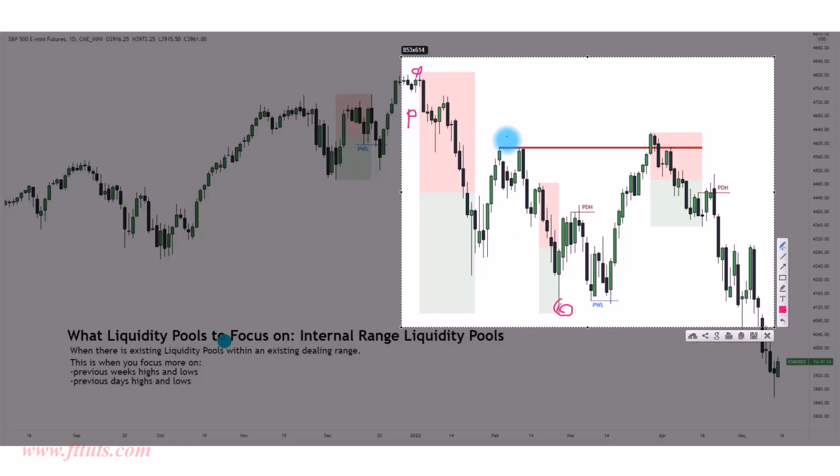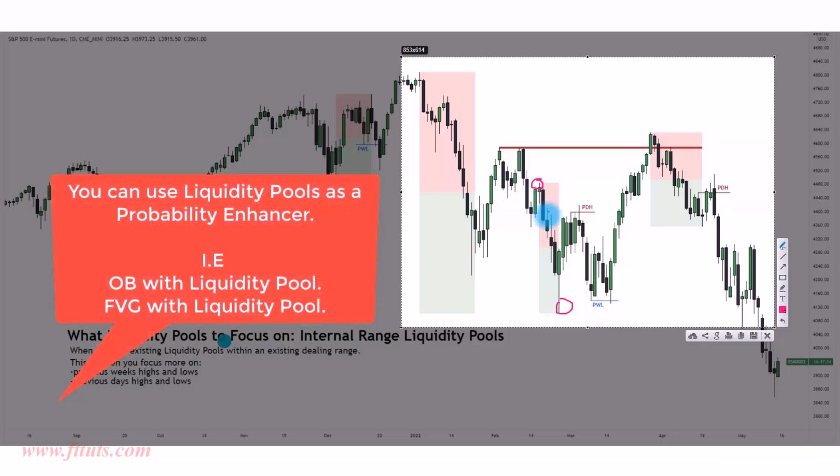We can use liquidity pools inside of that range as a resistance level here. Same thing here. We have this high to this low. Inside a premium, we have a swing high there.